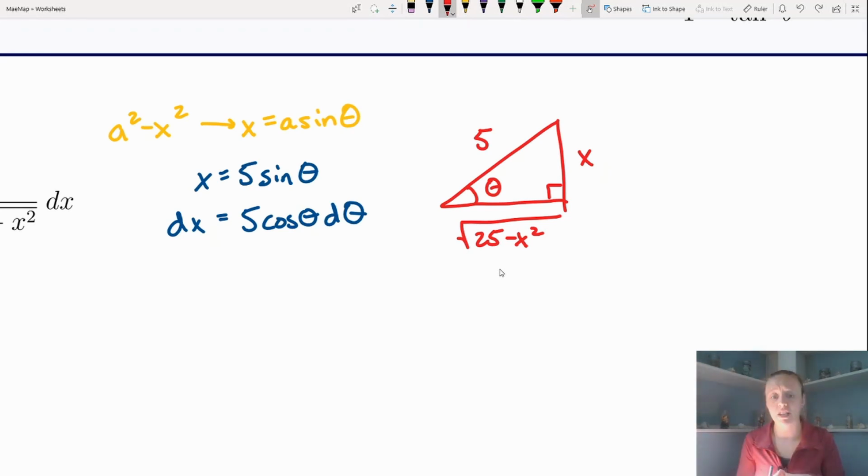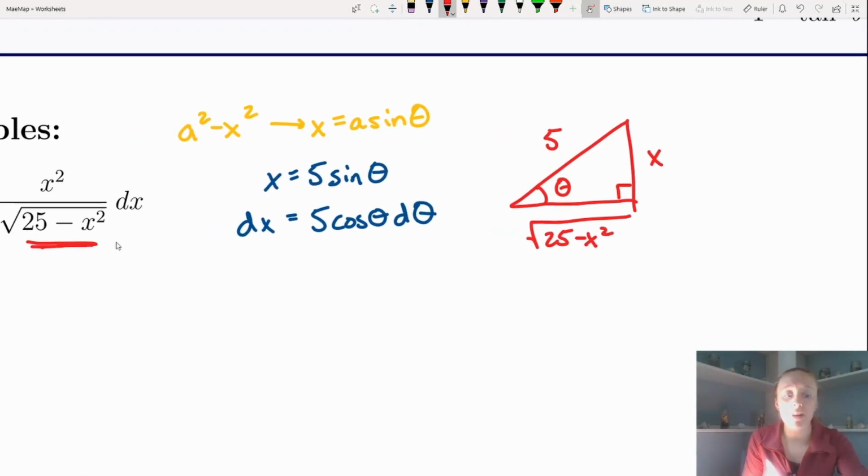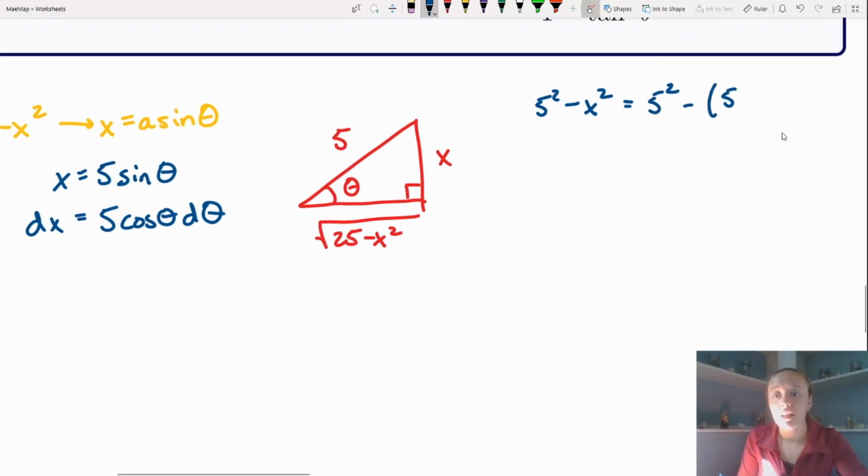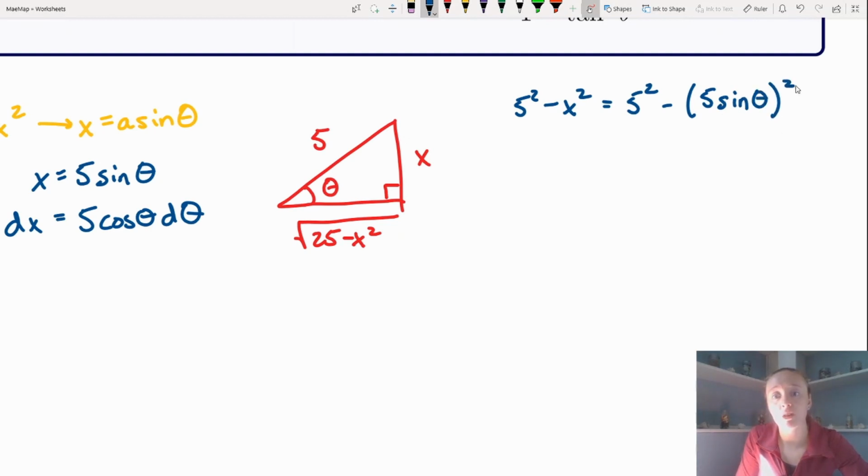Now here's the optional step that I like to do outside of my problem. I know that 25 minus x squared, my a squared minus x squared, is going to simplify down into a product. I'm going to do that outside of my problem so that I can just plug it in when I go to integrate. So if a squared minus x squared is 5 squared minus x squared, and I'm using x equals 5 sine of theta, I'm going to have 5 squared minus 5 sine of theta squared.